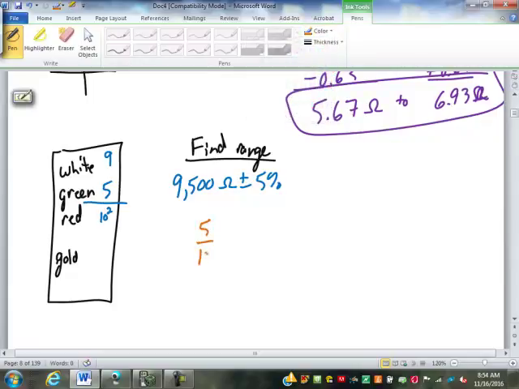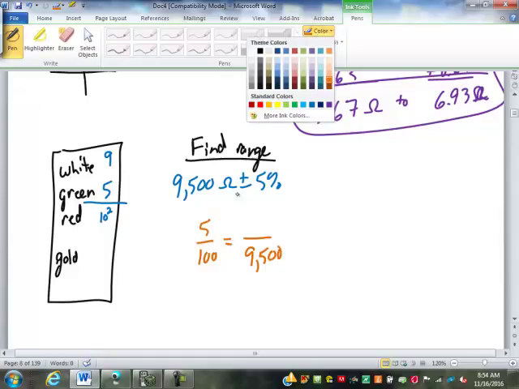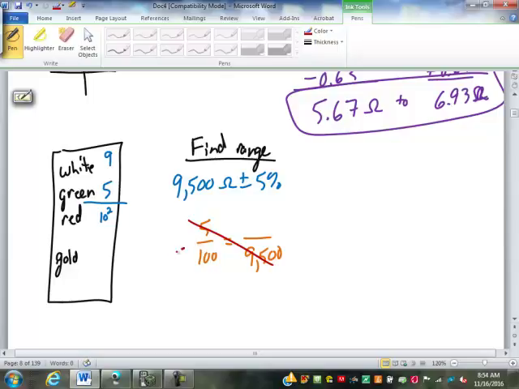So we go to find 5% of 9,500. We cross multiply and divide, we get 475. So this is 9,500 ohms plus or minus 475 ohms.